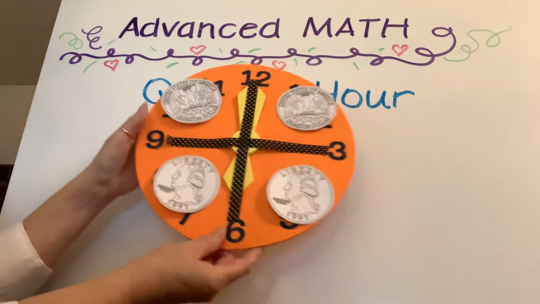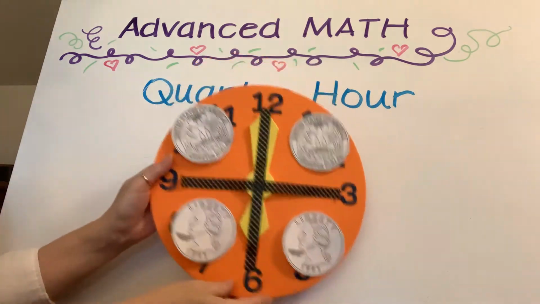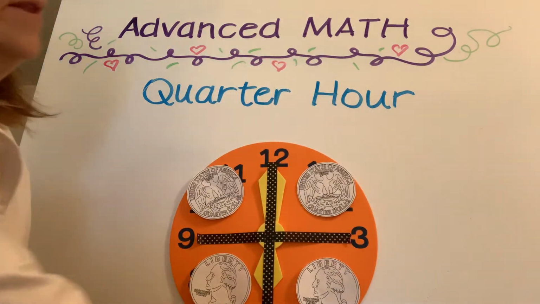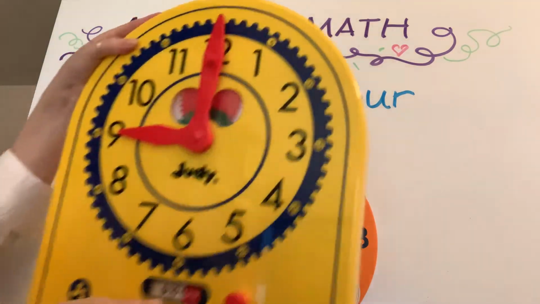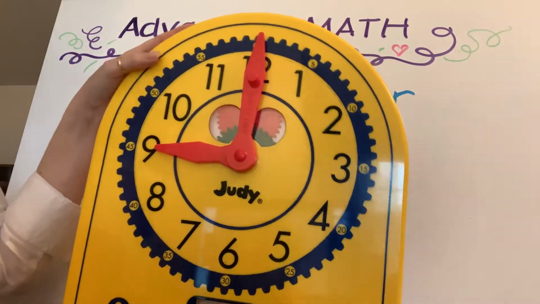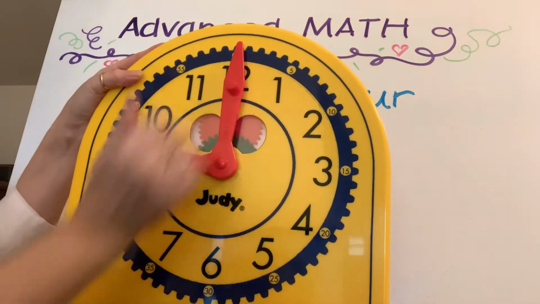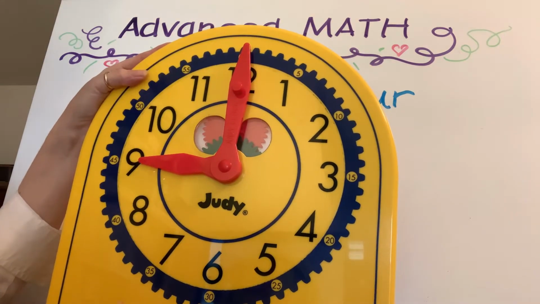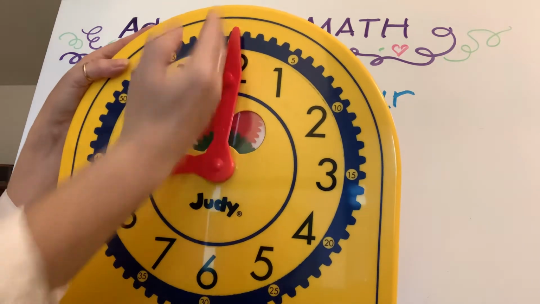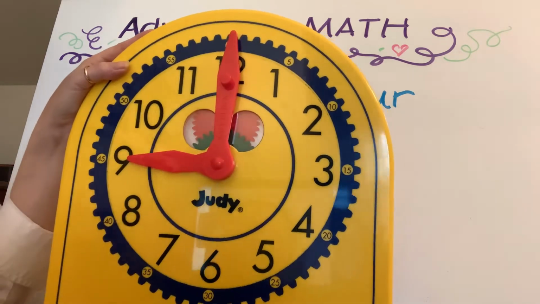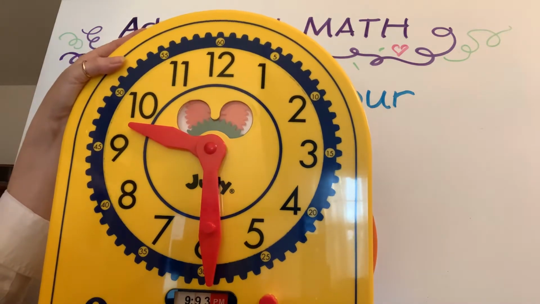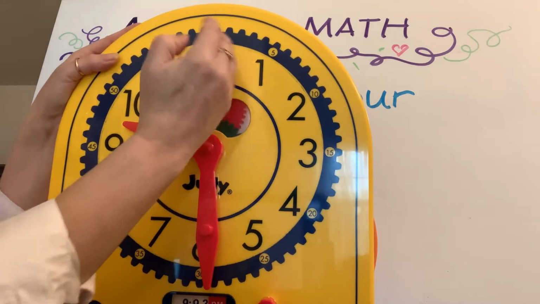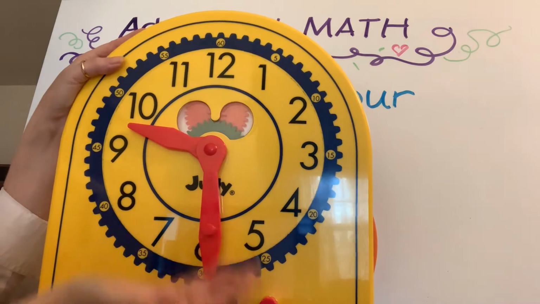Now, if my hands are straight up, and I'm going to go back to this one. When the hand is pointing up, then you know it's 9 o'clock. Okay? So we don't need to say quarter for when the hand goes up. But when the hand goes around and it's pointing down, it must be half past 9 o'clock.